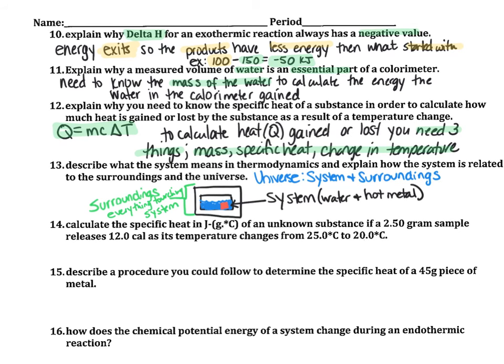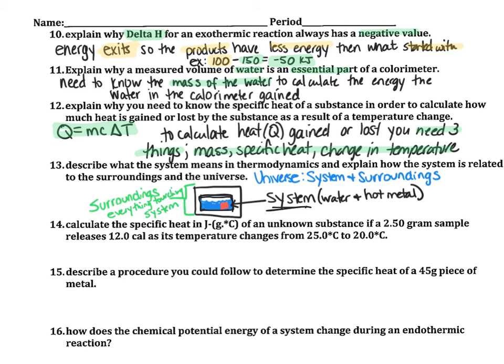So for the next problem, I like to draw a picture to identify the system, the surroundings, and the universe. So I drew a calorimeter here, and you can see that for my system, that is going to be just the water and the hot metal that is in there, and then even the little container, that portion that the water and the hot metal is in as part of the system.